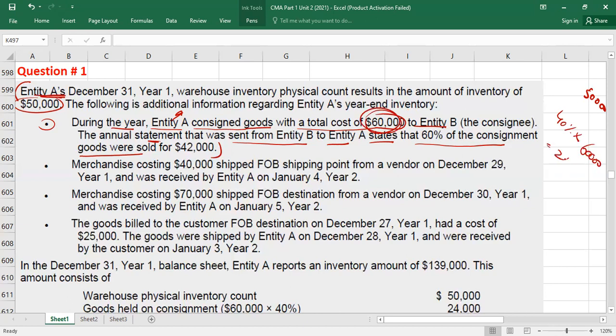So it is going to be 24,000. Right? Because you have to take cost. I told you to identify your position, you are the consignor. Identify the unsold percentage, which is 40%, and take it at cost. Cost is 60,000. We take 40% of 60,000, and you will add here 24,000 into the 50,000. Clear? Understood? I hope it is clear.